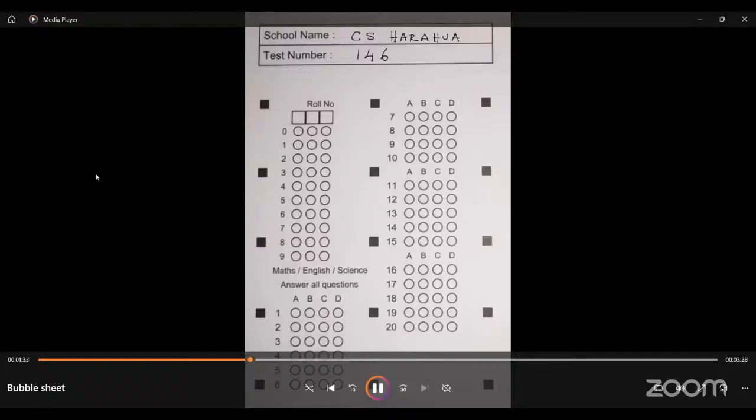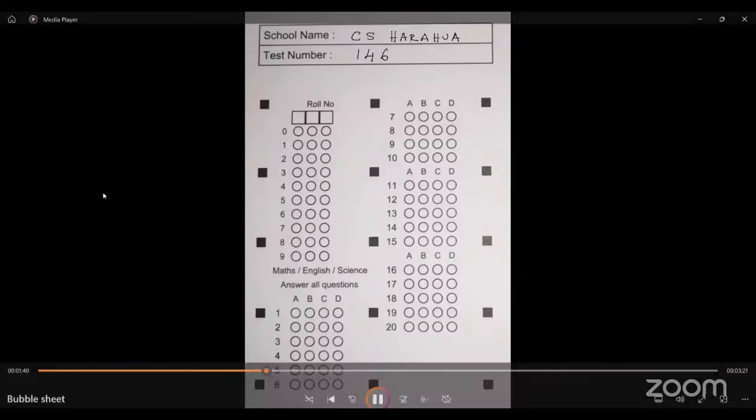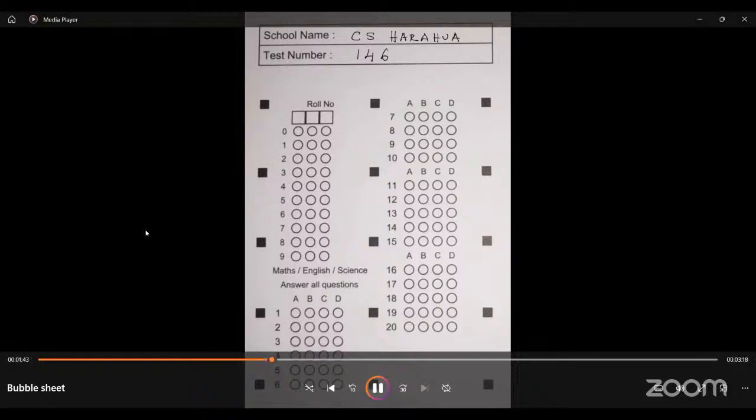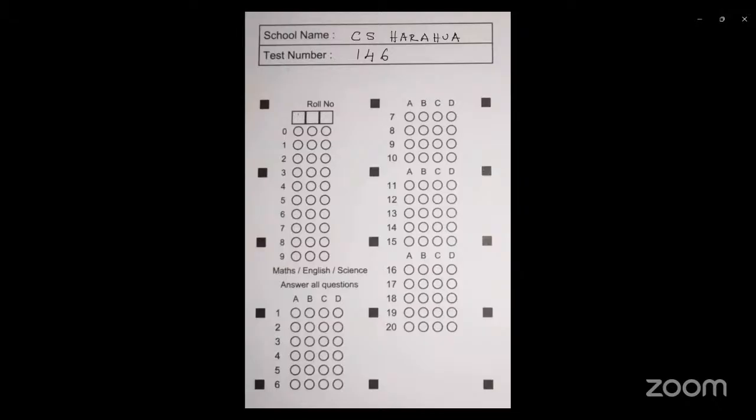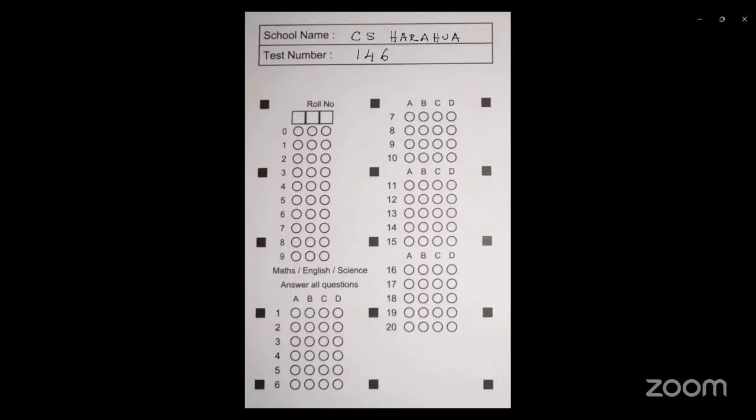Next thing is roll number. In your school, as per attendance, you will be given a roll number. That number you should write. For example, if your roll number is 104, you should write 104 in these three boxes. In case your roll number is 2-digit, for example 34, you should write 34 like this.